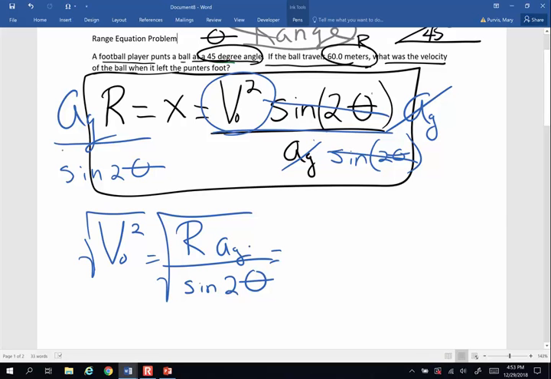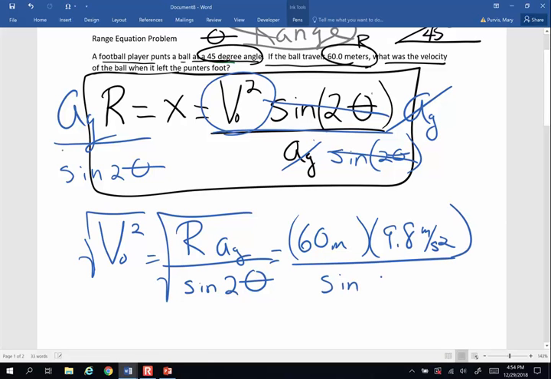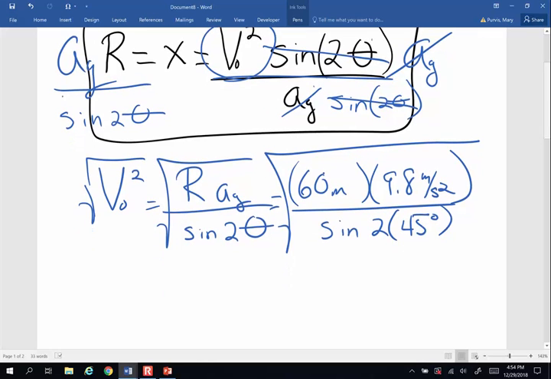So in this problem, the range was 60 meters. Acceleration of gravity, 9.8 meters per second squared. The sine of 2 times 45 degrees, and then we're going to take the square root of absolutely everything. Now when I throw this into my calculator, make sure you take 2 times 45, or 90, then take the sine, divide that into 60 times 9.8, square root.